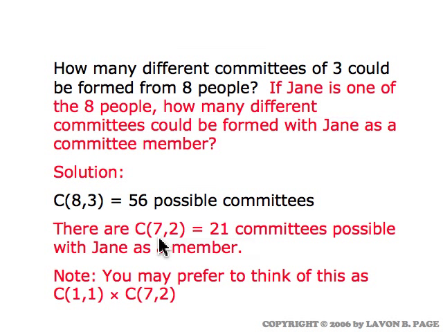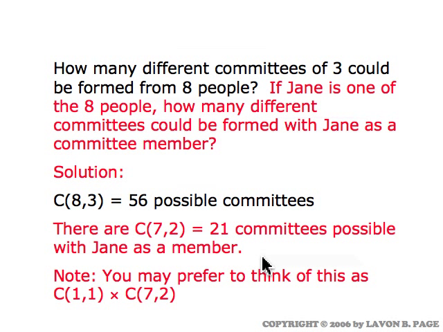So our problem boils down to choosing which 2 of the other 7 people besides Jane will serve on the committee in addition to Jane. Combinations of 7 choosing 2 is 21. So there are 21 ways to choose the additional committee members in addition to Jane to fill out the 3-member committee. So that gives us 21 ways of constituting a 3-member committee with Jane as a member.